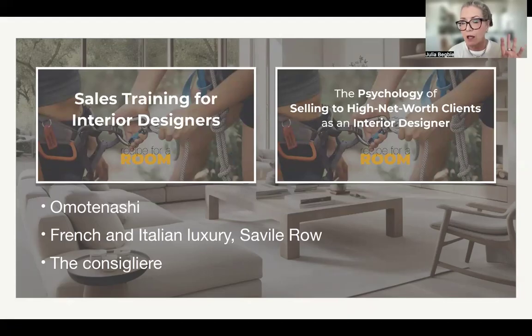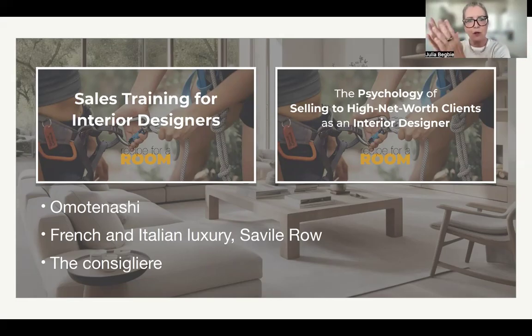Last year we talked about what our clients need from us in terms of the excellence of our sales performance. We spoke about Savile Row type tailoring or French and Italian luxury. We talked about working in partnership with your client rather than seeing yourself as being in a battle against them, because sometimes within interior design practice, what's in their interest is not necessarily in our interest.